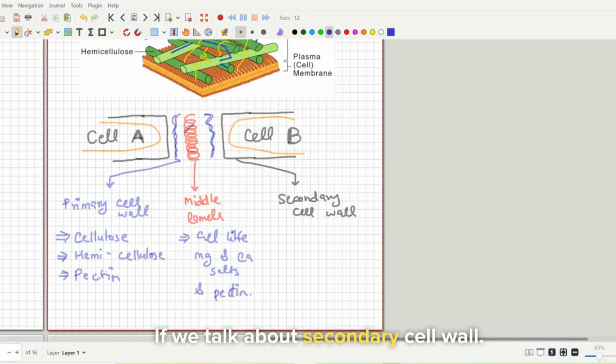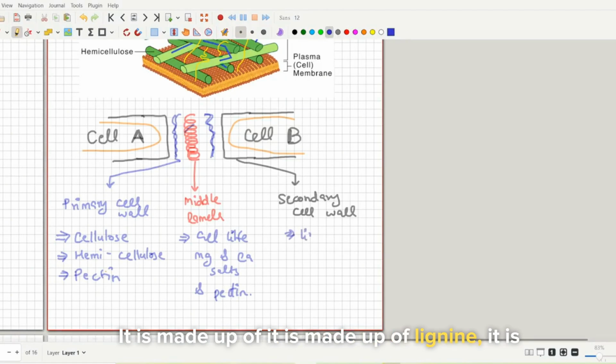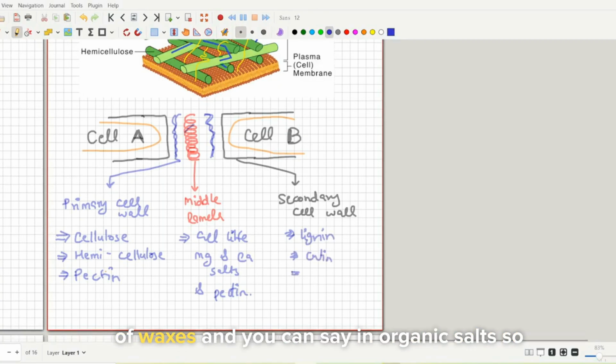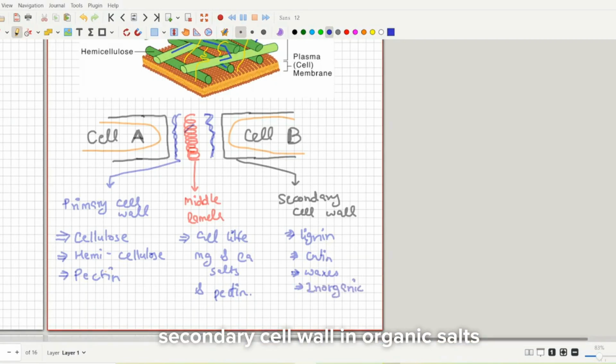If we talk about secondary cell wall, secondary cell wall is made up of most kinds of molecules. It is made up of lignin, it is made up of cutin, and then it is also made up of waxes, and you can say inorganic salts. So these are the molecules that are present in secondary cell wall.